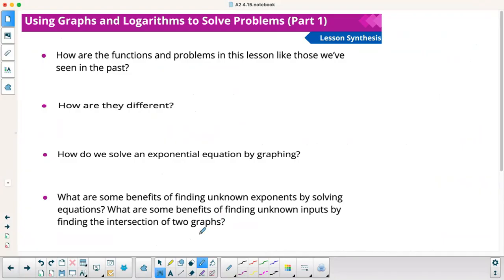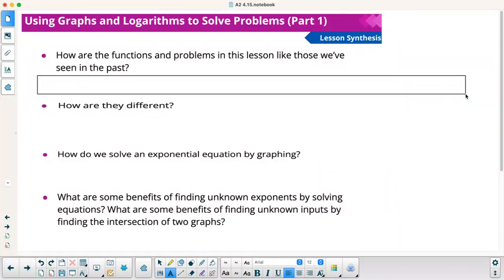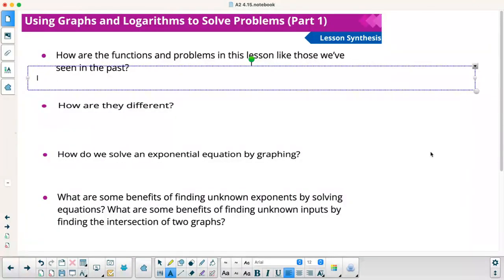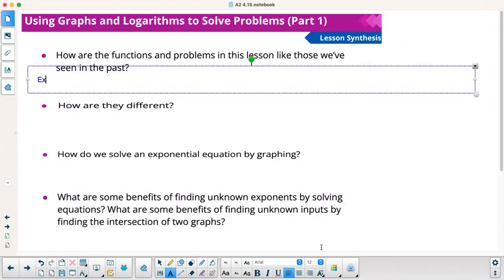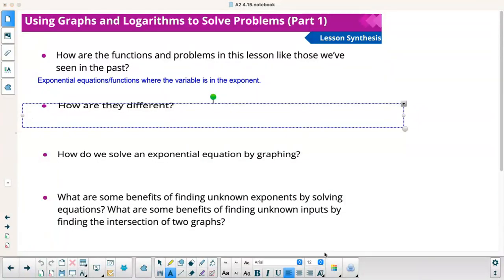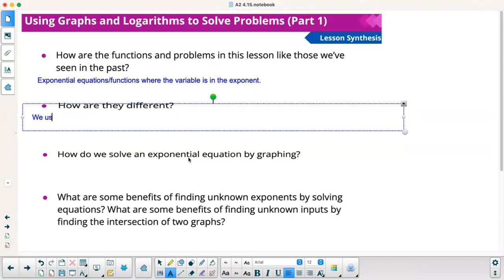I would say they're exponential functions. So exponential equations are functions where the variable is in the exponent. How are they different? I would say we use graphs to solve them.